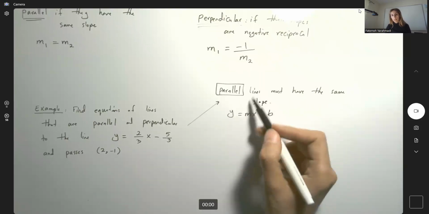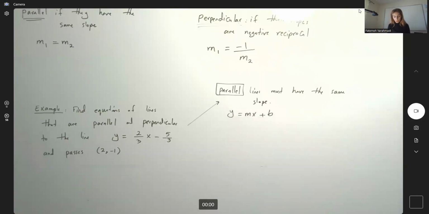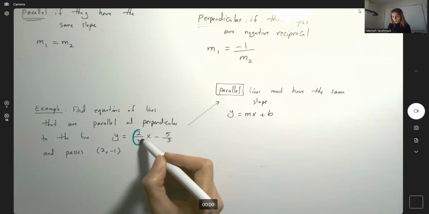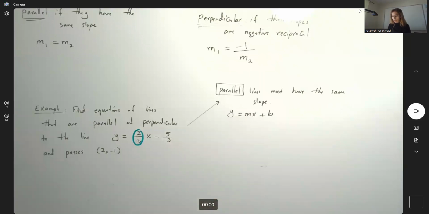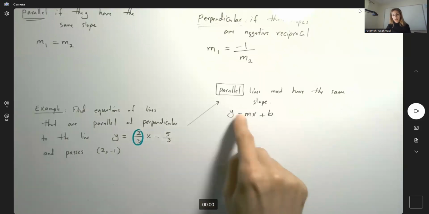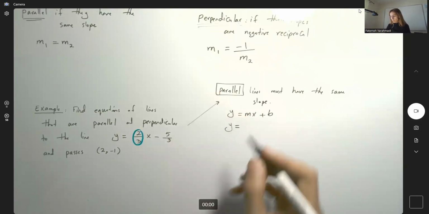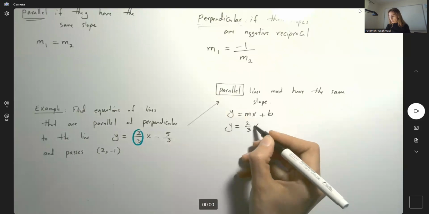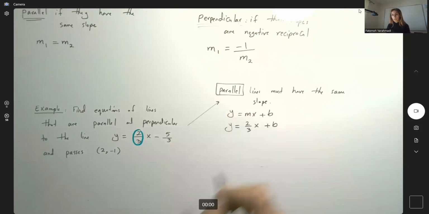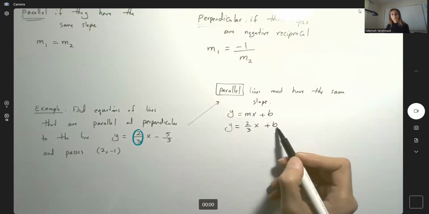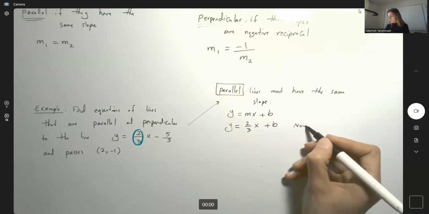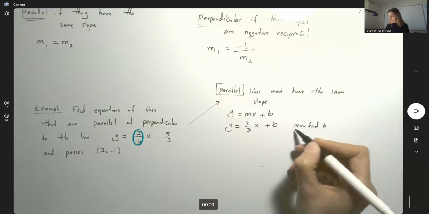Well, what is the slope of that line? The slope that I see here is 2/3. So I'm going to just copy the same thing for the parallel line. y is equal to 2/3 x plus b. But what is b? Now find b.